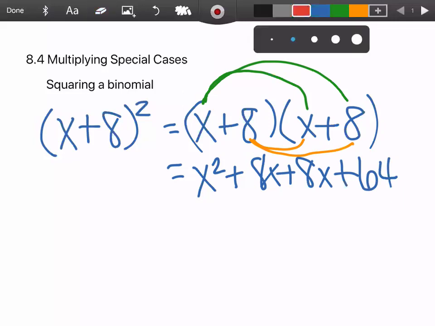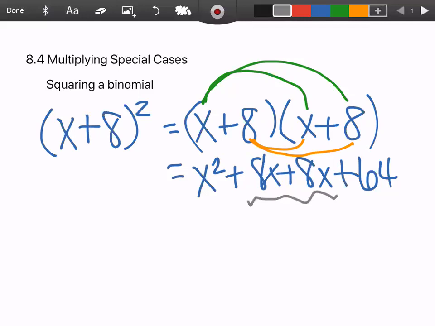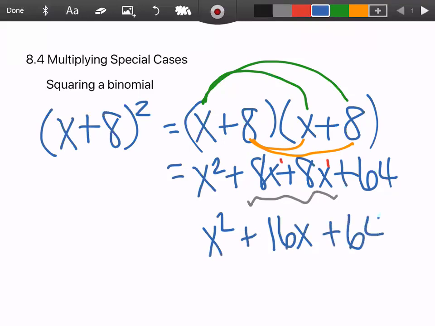So looking at this, you may notice that 8x and 8x both have the same base and they both have the same exponent. Remember that when you don't have an exponent written, the exponent is 1. So we can combine these 8x's so that we get 16x here. And the x squared doesn't change out front, so we still have x squared plus 16x plus 64. And that is our final answer.